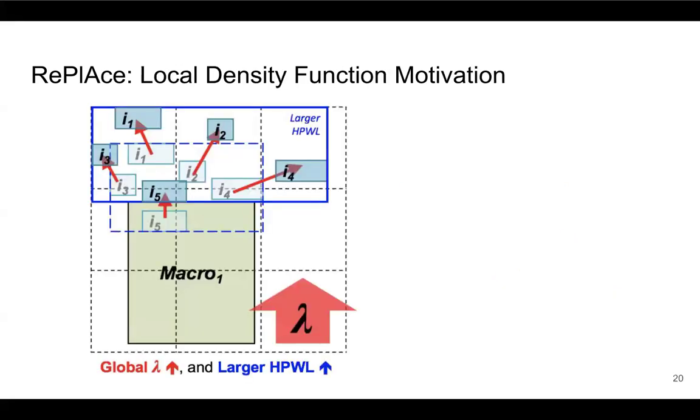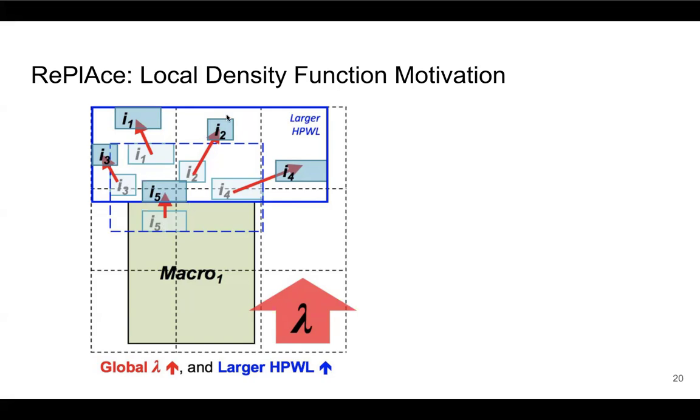So the problem that RePlAce identifies with ePlace is that all atoms are going to feel the same global lambda force from the electrostatics. So this one felt a pretty strong force to get out of the way of that macro. But that caused all of these other ones, which aren't in a very dense region, to scatter very strongly away, when in reality it's only this bin that's really overfilled. The other ones aren't as overfilled. This creates a larger half perimeter wire length.